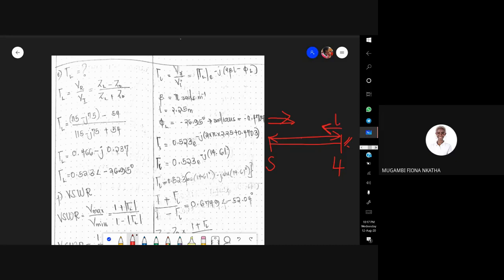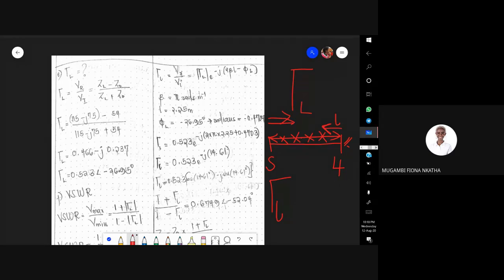When this distance L from the load side is equal to 0, that's when we call it gamma L. Any equation you find in transmission line, this big L just shows when L is equal to 0. But this small l means it's at any point on this line. It can be here, here, here, but it cannot be when L is equal to 0.